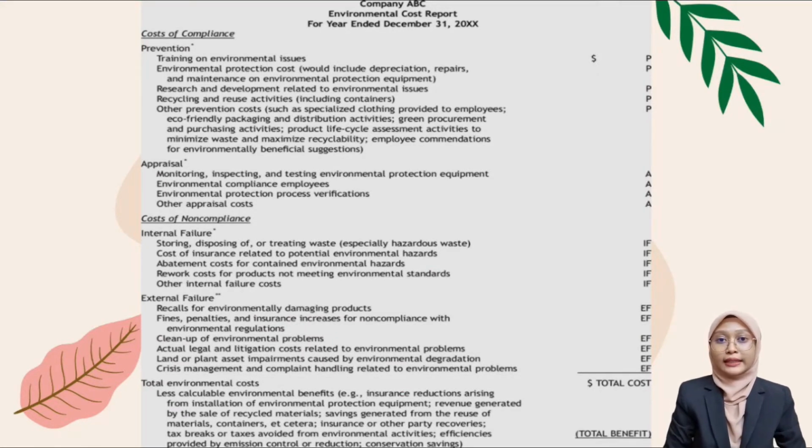So, to calculate the total environmental cost, two major costs must be added, which are compliant costs and non-compliant costs. Under compliant costs, there are prevention costs and appraisal costs. On the other hand, the non-compliant costs are internal failure costs and external failure costs. So, let us take a look at each of these costs.